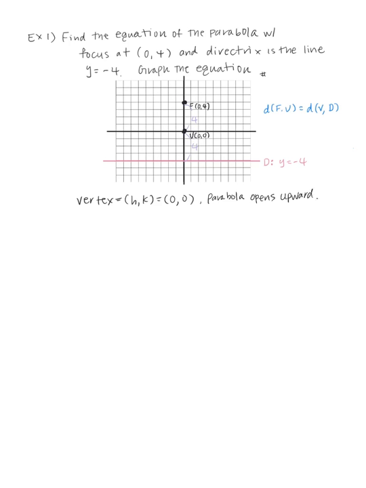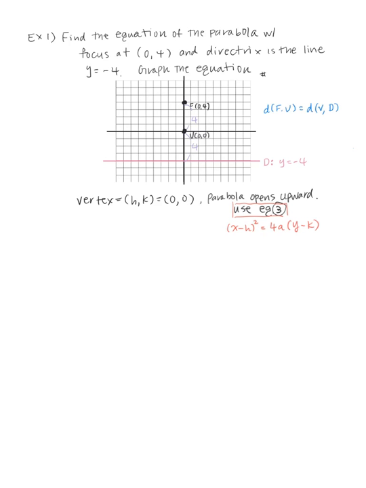If the parabola opens upward, look at the formula sheet, and we know for sure that we're going to have to use equation 3, which is given by (x minus h) squared equals 4a times (y minus k). But we already know that h and k are both zeros.